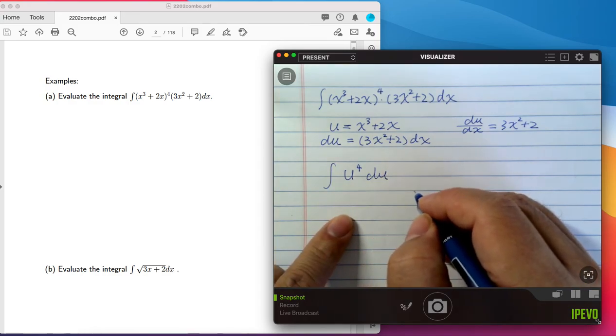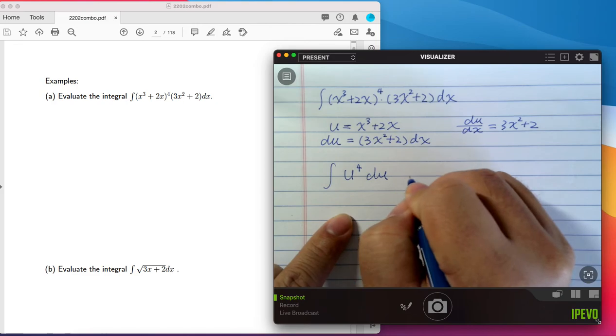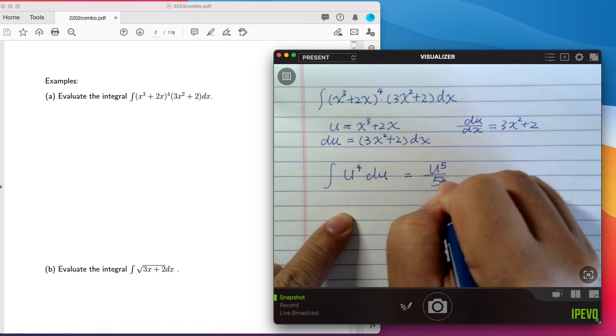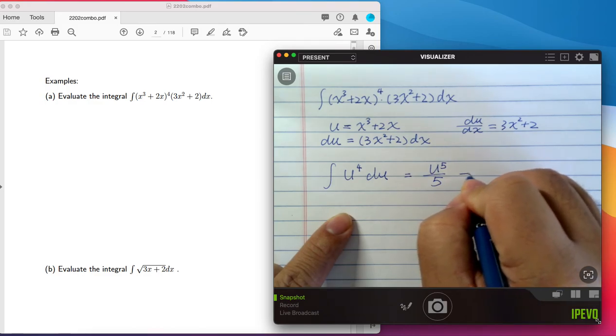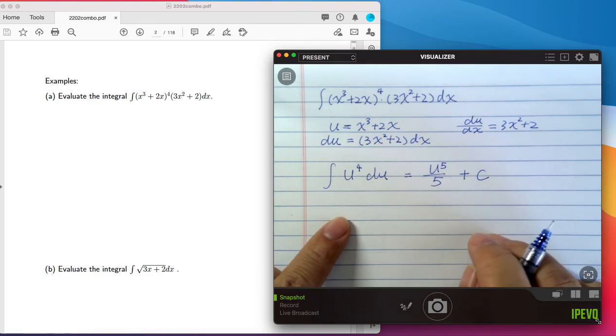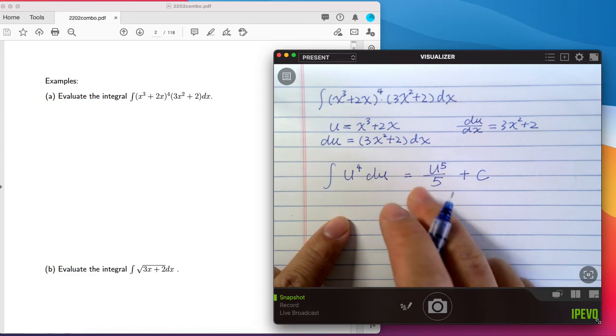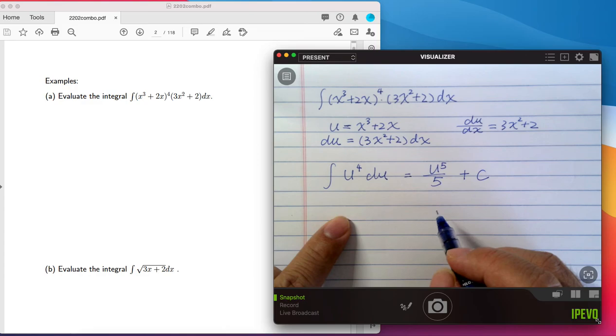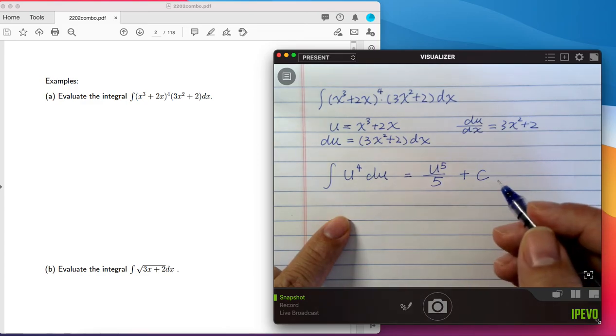This is a simple integral problem, so we can figure it out. That is u to the power fifth over 5, plus constant c. But don't forget, the original problem is in terms of x, so we need to present our solution in terms of x instead of u.